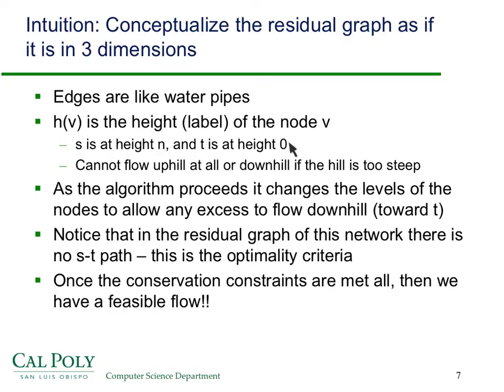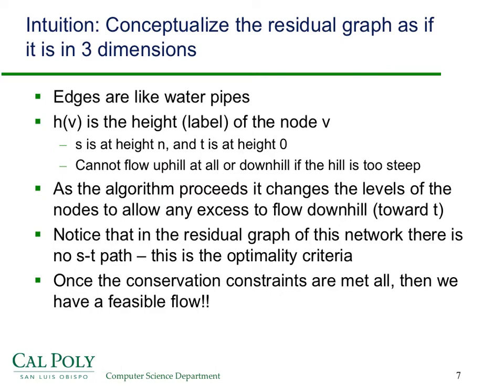And that's going to be maintained throughout the algorithm. We're never going to change the height of the source vertex or the height of the sink vertex. Then we'll impose another constraint that the flow can't go uphill at all. And it can only go downhill if the hill is not too steep. So again, sorry, that's a typo. If the hill is not too steep.